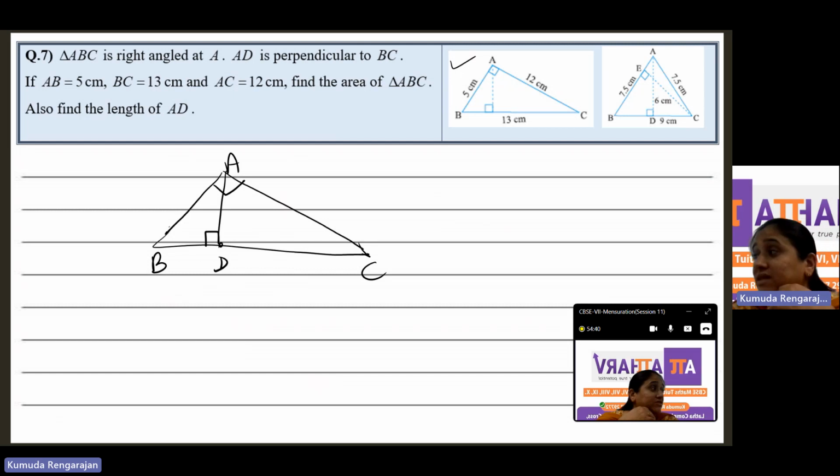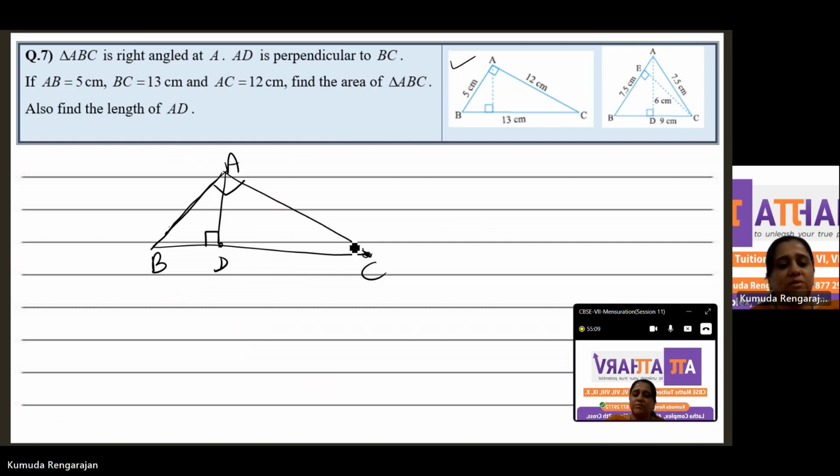For the base AB, which is the altitude? Look at the vertices of the triangle. For the base AB, the altitude should come from the opposite vertex. Which is the opposite vertex? C. From C, the altitude should come.